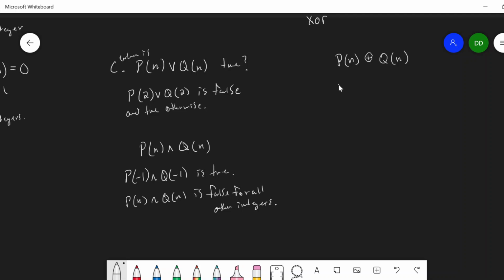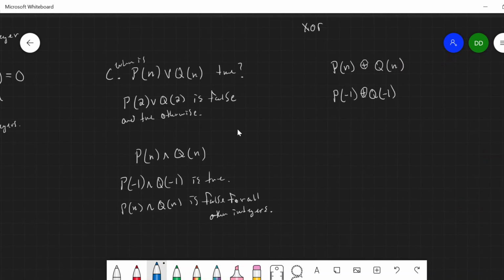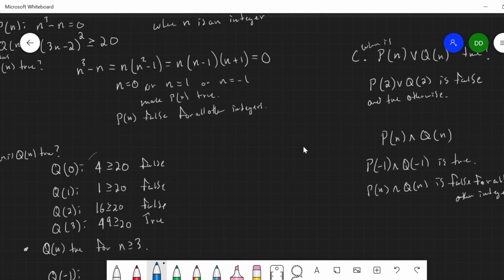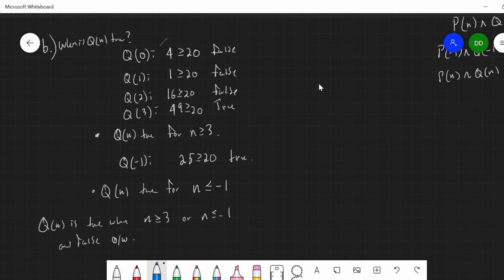So for instance, P of -1 XOR Q of -1. P of -1 is true. Q of -1, when was Q true?